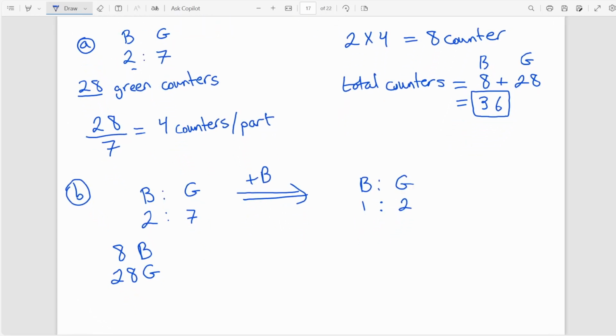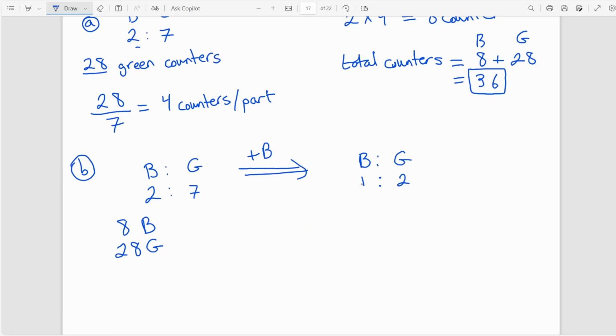Well, I want to figure out the new amount of blue counters. So again, we care about finding the constant, the thing that didn't change. We added blue, which means my green counters are exactly the same, which means in this ratio, we actually have 28 green counters. So I can divide the 28 by 2, and I get 14 counters per part.